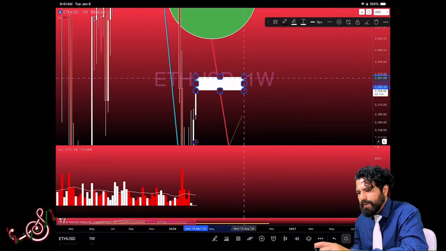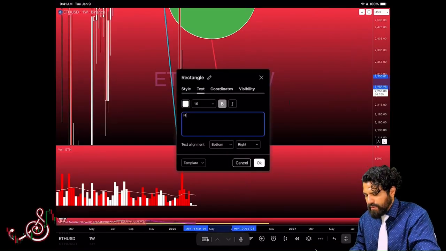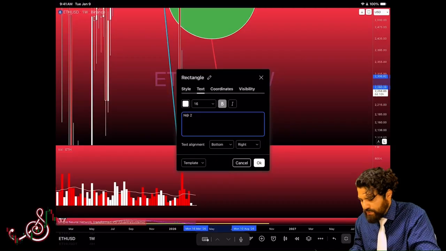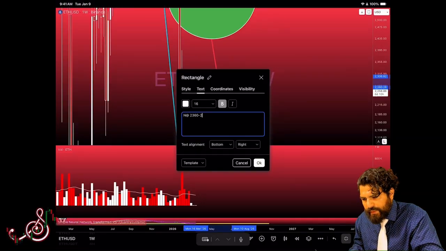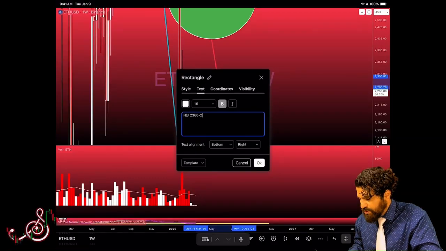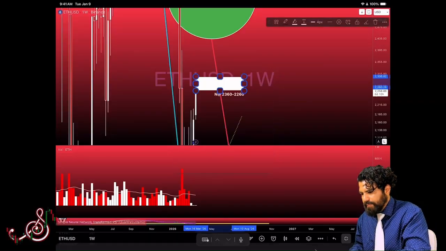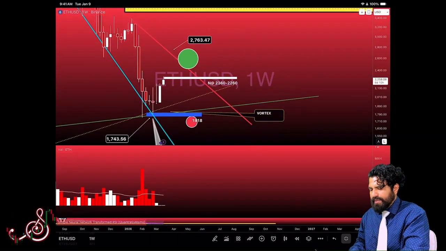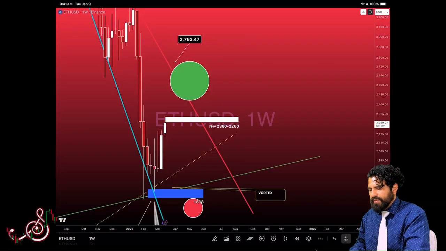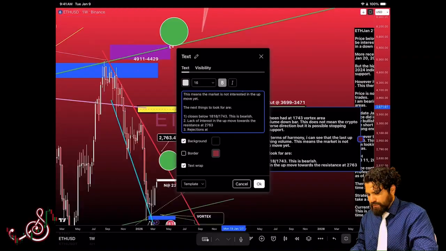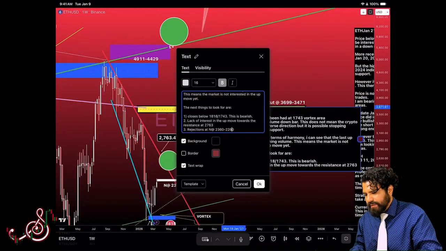This is right here. 2360 to 2460. Okay. Yeah, it's about $100 spread and exactly where its price is right now. It's an end cut resistance. Okay. Rejection at this end cut.